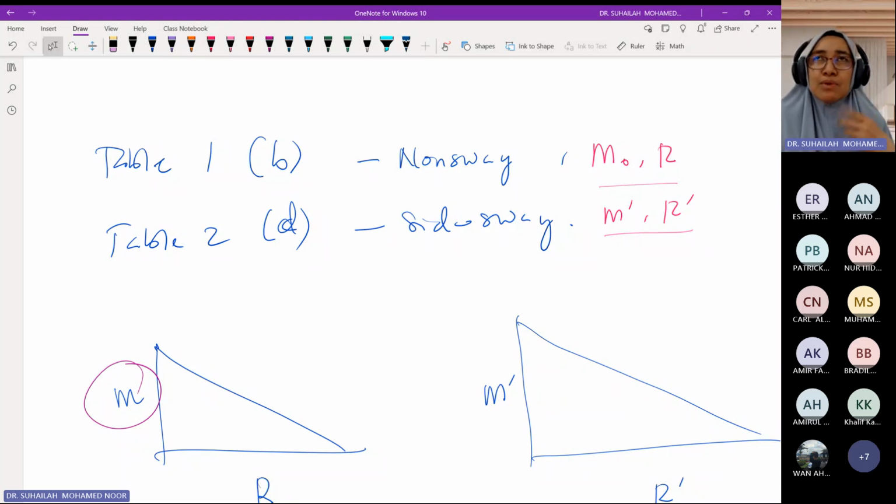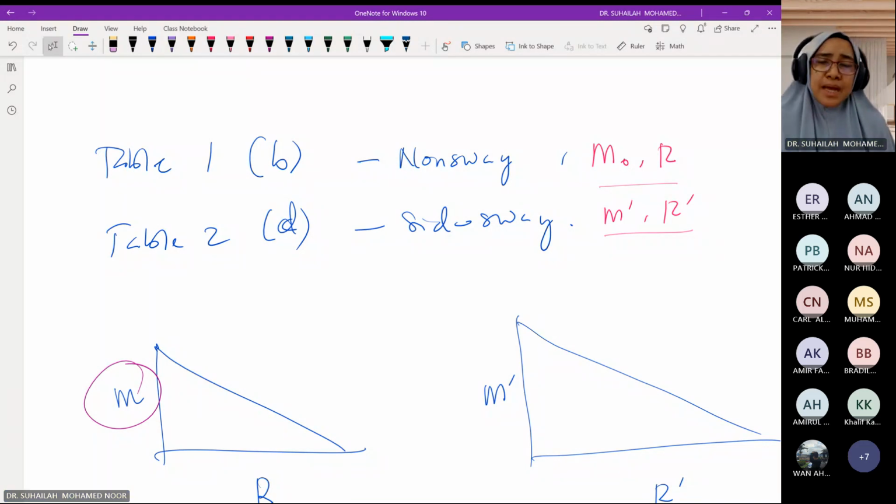Tapi you kena boleh imagine table 1 diagram B. It is non-sway frame. So what we get from that is M naught, the end moment in table 1, M naught, and R.